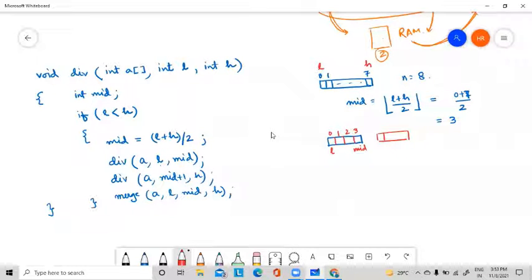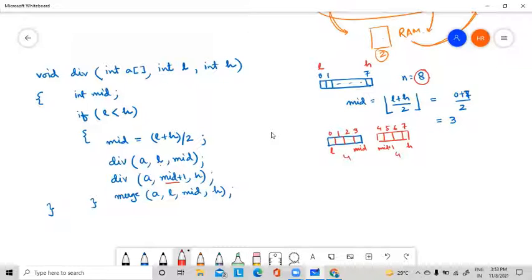From mid plus 1, that is from 4 up to the highest index value H. So this is mid plus 1 to H: 4, 5, 6, 7. How many elements? 8, an even number of elements. The two subdivided arrays are of equal size, 4 and 4.